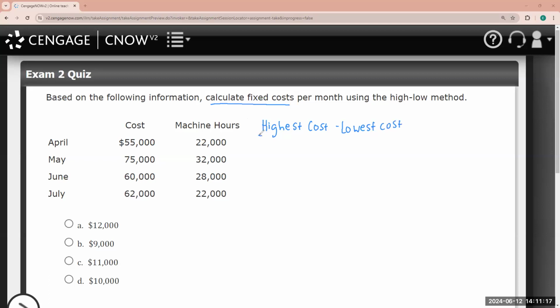And then in our denominator, it represents the highest units produced. We'll just say the highest hours in this case. So highest hours minus the lowest hours.